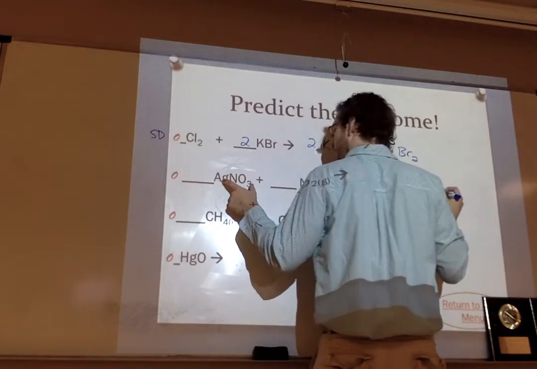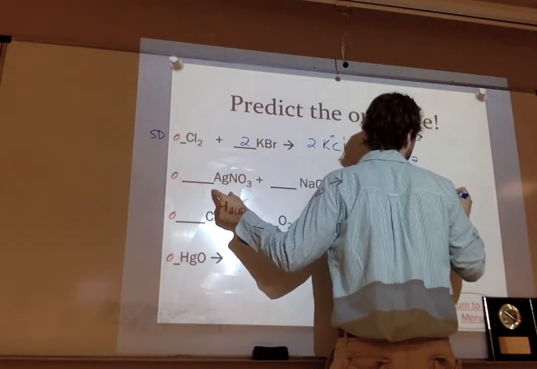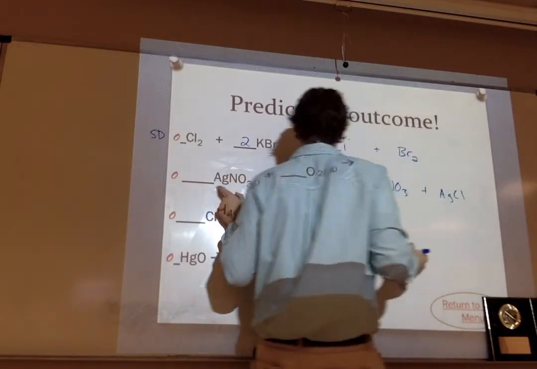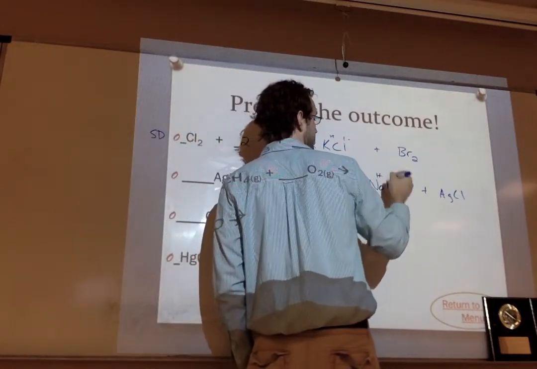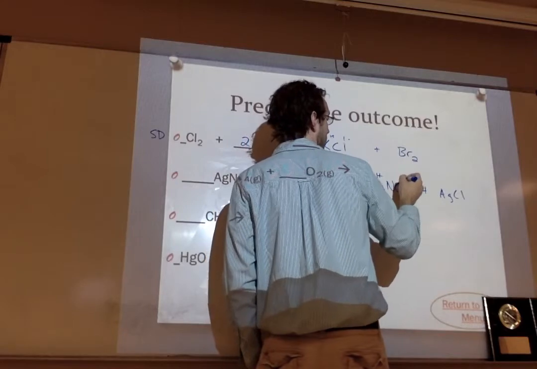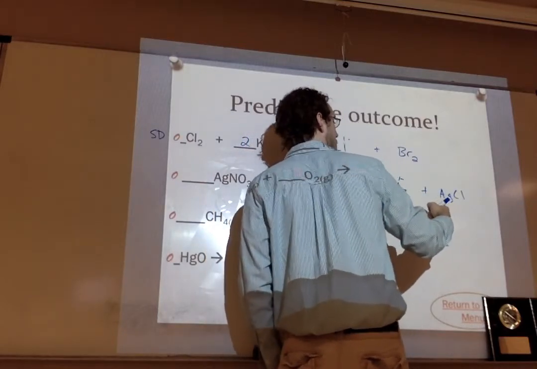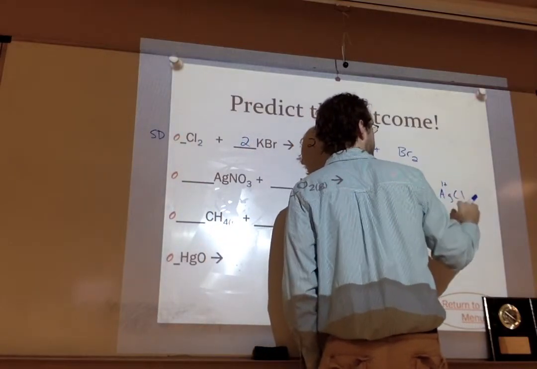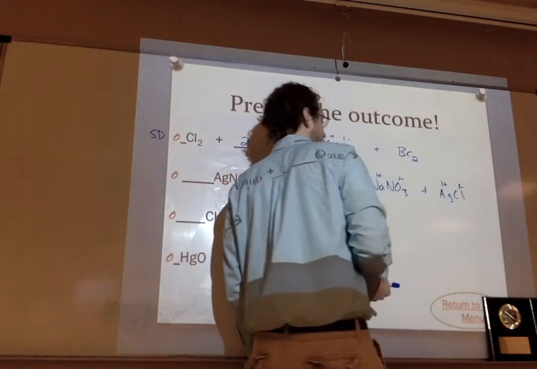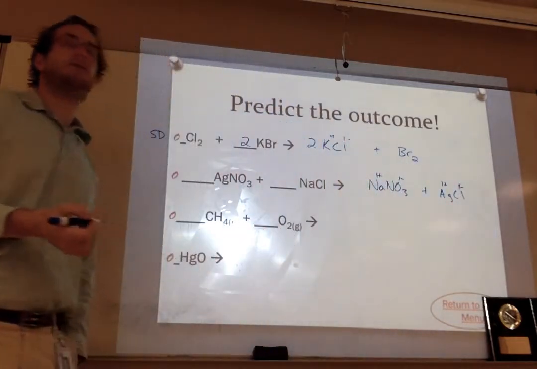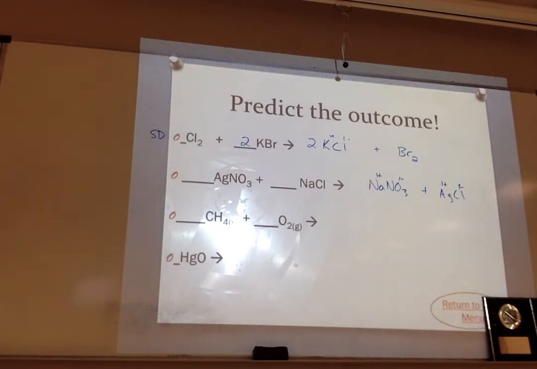Get our partners together first, and then AgCl. Check your charges. Sodium is 1 plus, nitrate is 1 minus, silver is 1 plus, chlorine is 1 minus. Everybody okay? What's our balance? 1, 1, 1, 1.